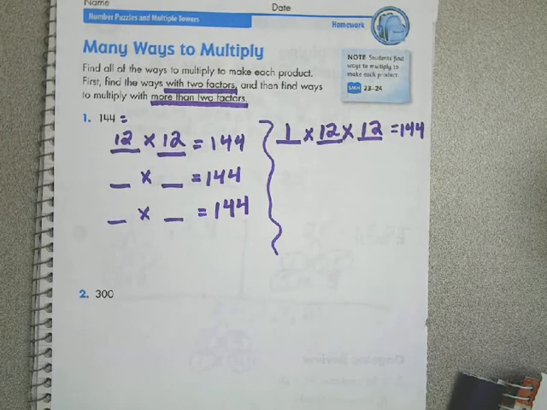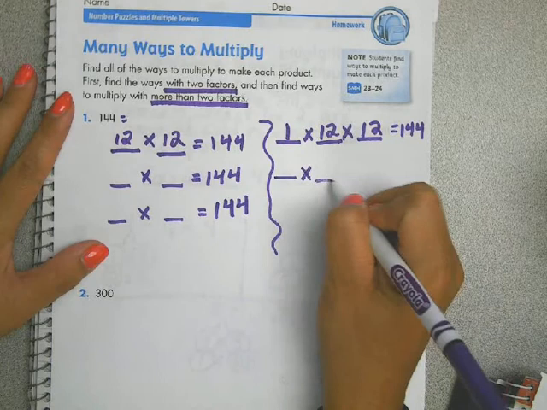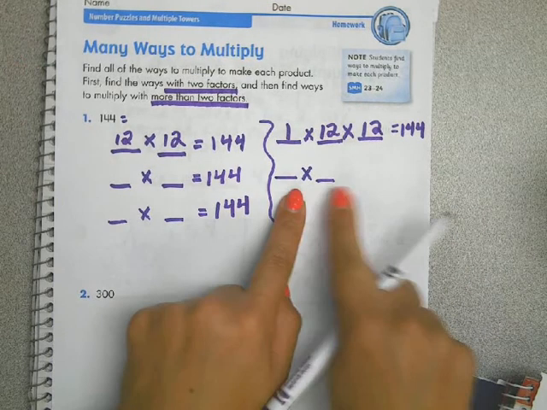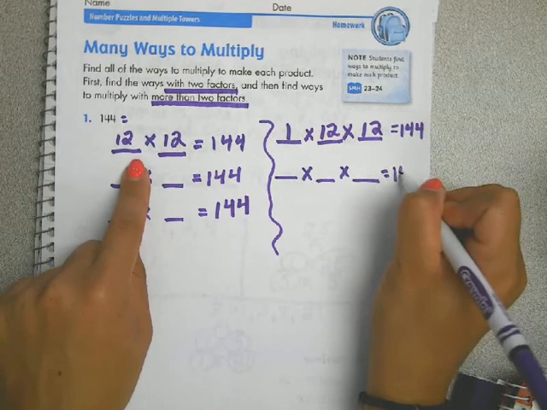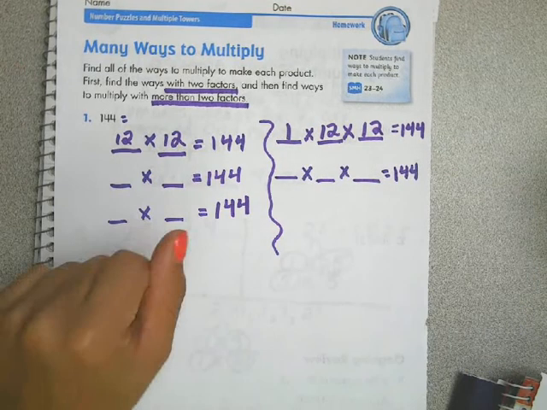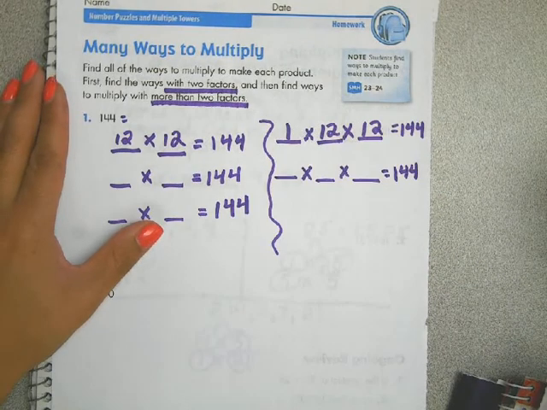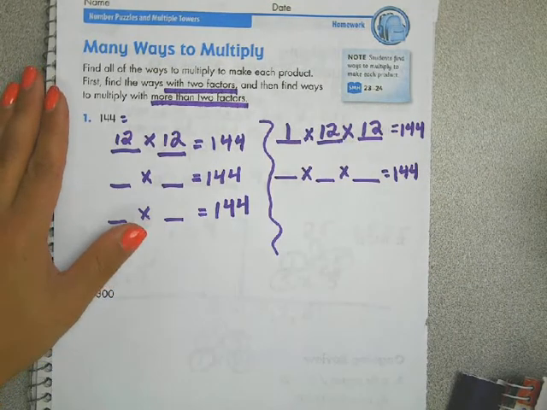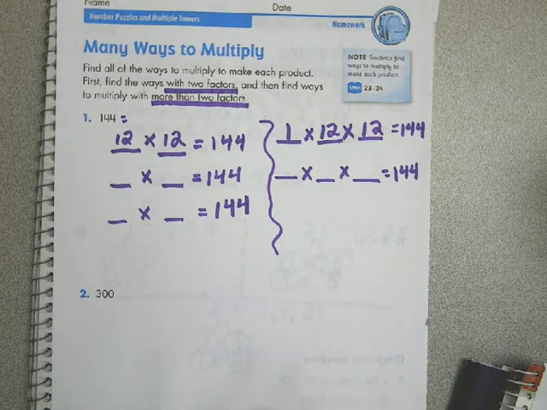Allison? Okay, 48 times. Keep working on that one. 1 times 12 times 12.